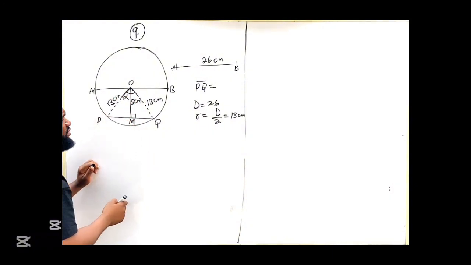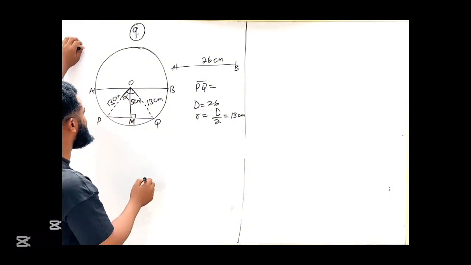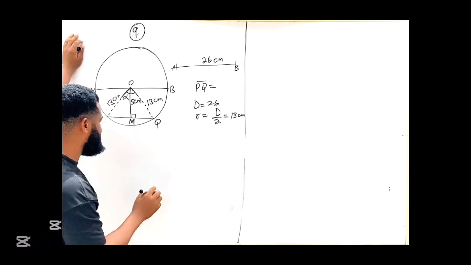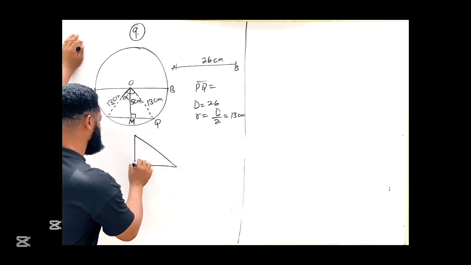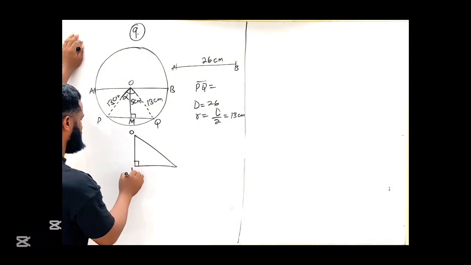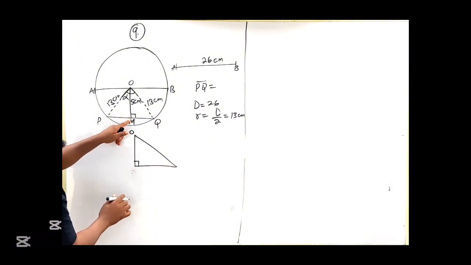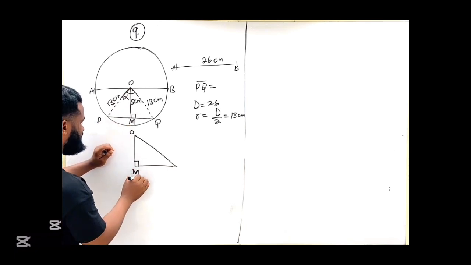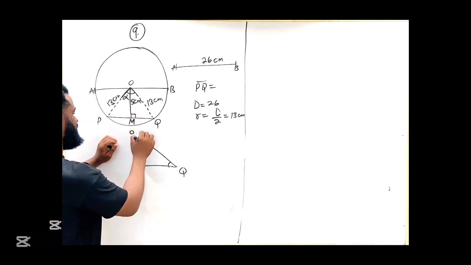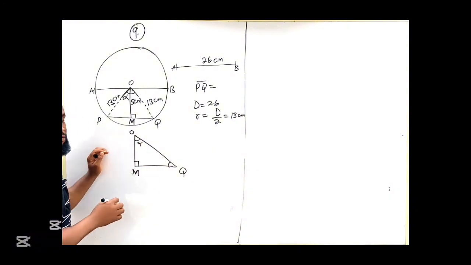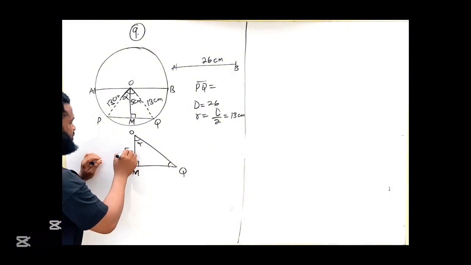See the triangle I have made. This is angle 90. Let me call this O, this P, this straight line is at M, and this is Q. I don't know this angle, I'm calling it alpha, and this is 5 cm.